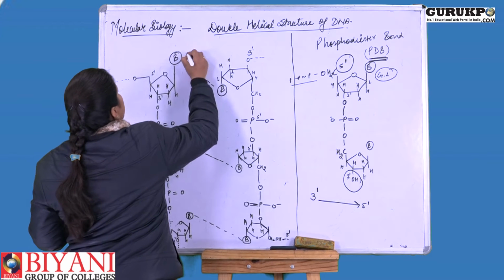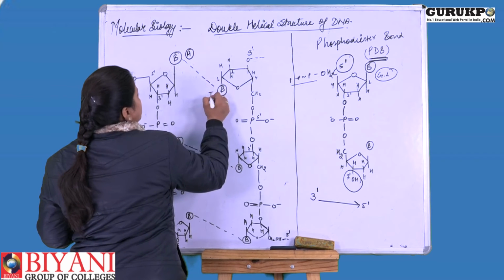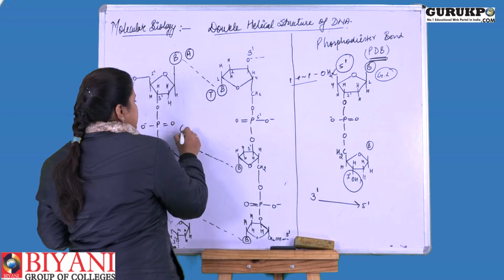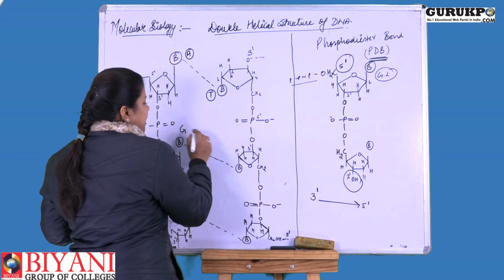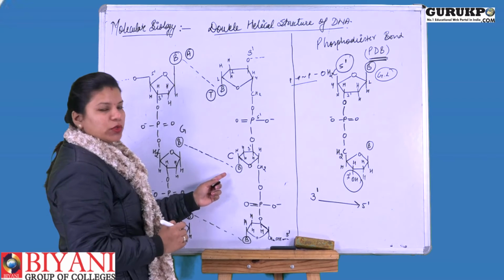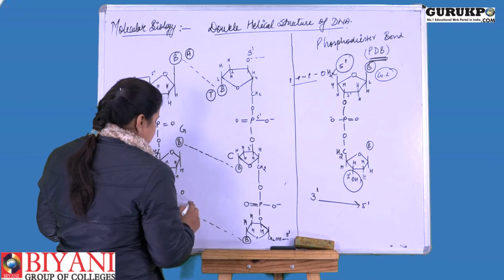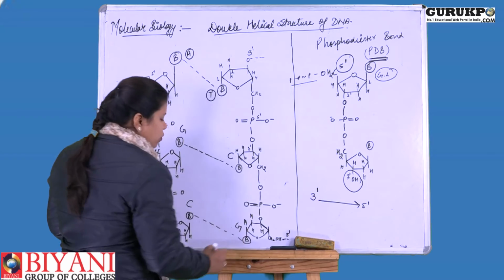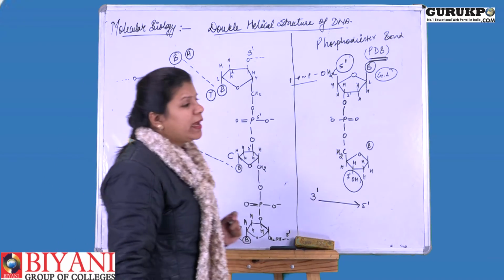Say if it is adenine, then it will bind to thymine only. If it is guanine, it will bind to cytosine. And if it is cytosine, then it will bind to guanine, right?